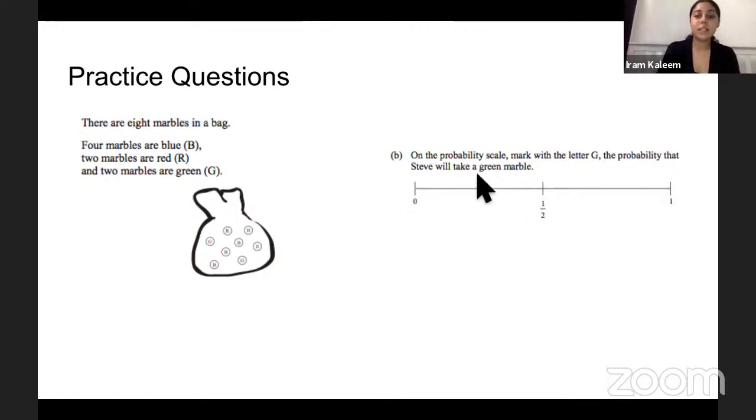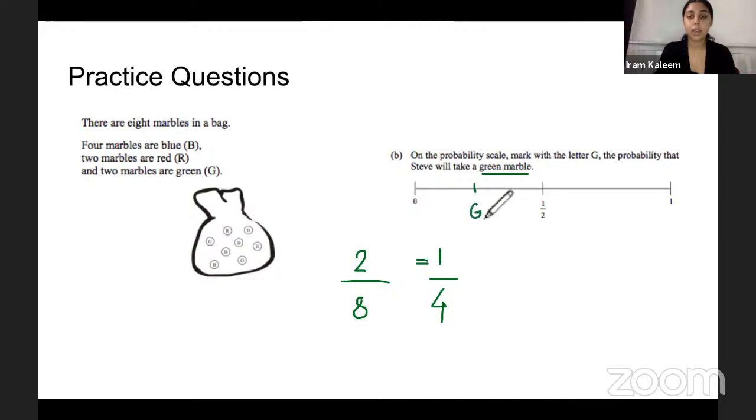So there are 2 which are green, put 2 at the top, out of a total of 8 marbles. So it's 2 over 8, which simplifies to a quarter. A quarter is halfway between 0 and a half, so I'm just going to mark it here. That's where a quarter would go on the scale, and that's the probability of picking green.